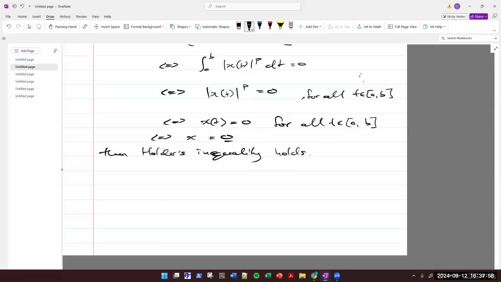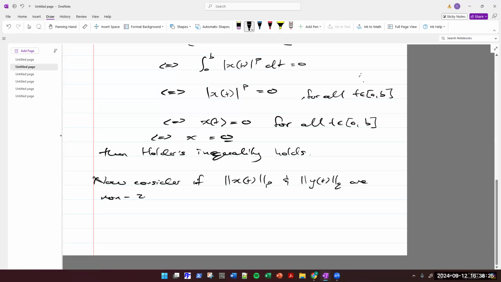So now consider the p norm of x and the q norm of y being non-zero.